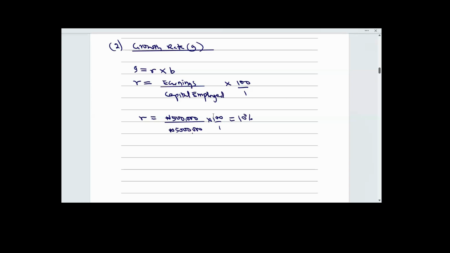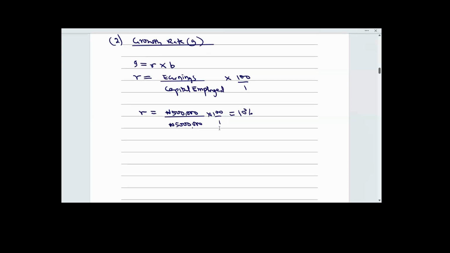Then I need to calculate retention rate. B is the retention rate. B equal to retention rate. And retention rate is calculated as earnings minus dividend divided by earnings, multiplied by 100%.